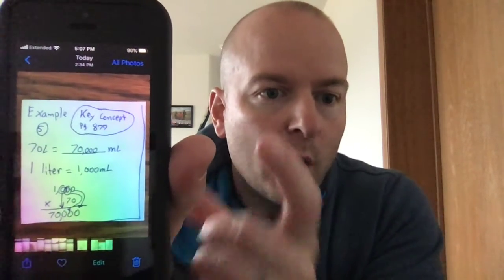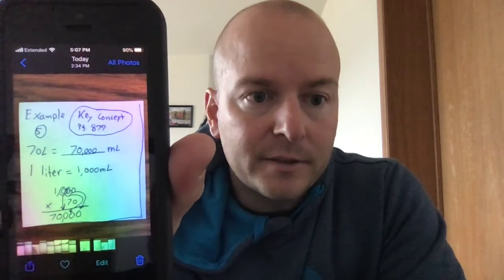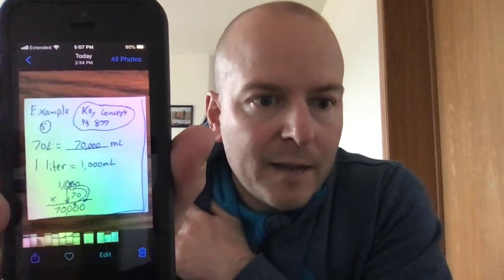There you have 1 liter equals 1,000 milliliters. So if you have 70 liters, it'd be 70,000 milliliters, which is why they have liters, so you don't have to run around and say 70,000 and so forth. That is 1,000 times 70.